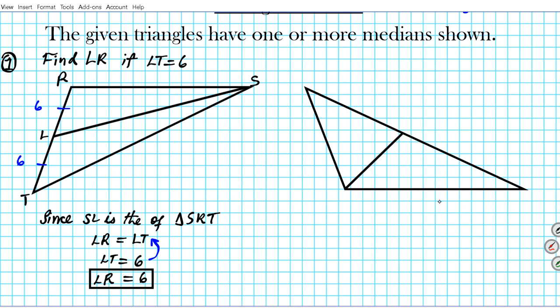Okay, let's take a look at problem number 2. Let's say we have triangle CDE and the segment EM represents a median. If CD is equal to 20 units long, our task is to find MD.